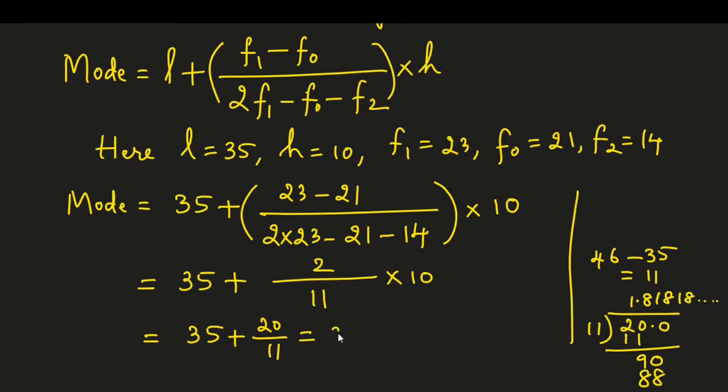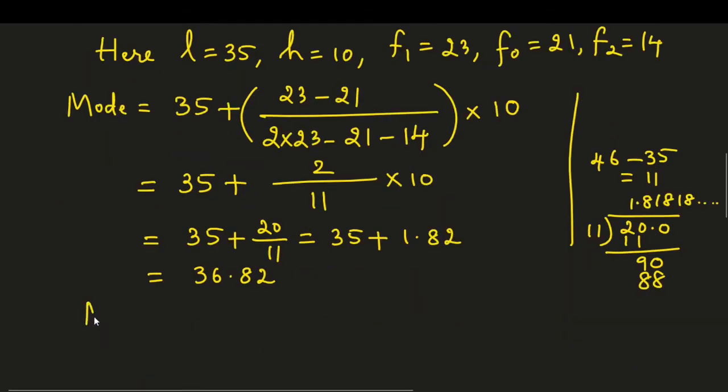So this is 35 plus 1.82. So this is equal to 36.82. Mode is equal to 36.82 years.